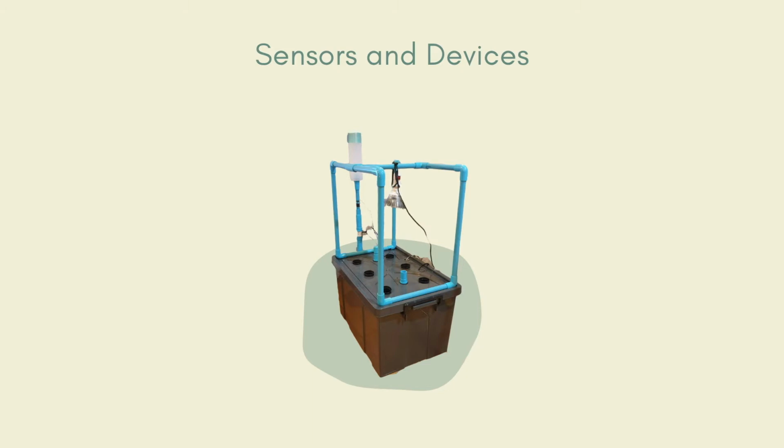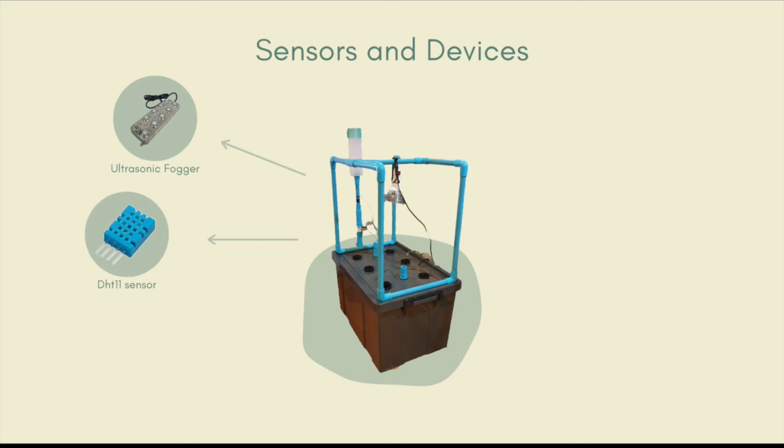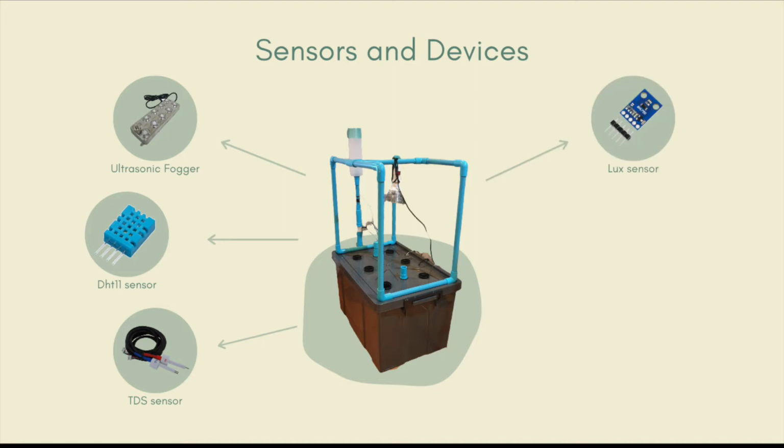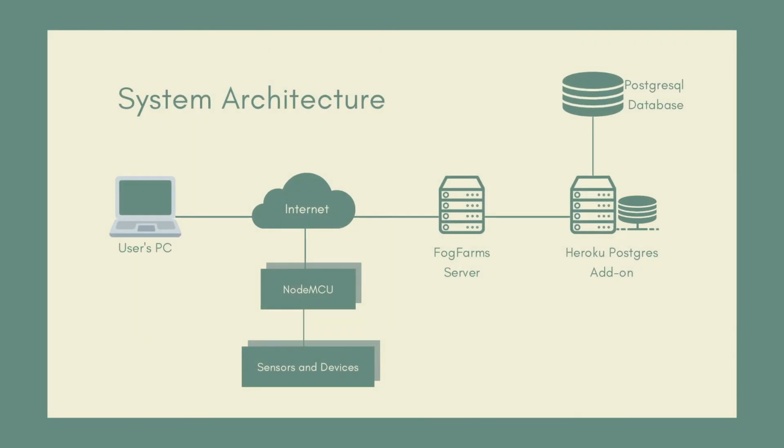It consists of an ultrasonic fogger, which is used to turn the nutrient solution into fog, a DHT11 sensor used to measure the humidity and temperature of the air, a TDS sensor used to measure the total dissolved solids in the nutrient solution, the lux sensor used to indicate the amount of light density the plant is receiving, the water level sensor used to help control the amount of water or nutrient solution within the grow box, and the solenoid valve, which is used to control the amount of nutrient solution inputted into the farm from the nutrient unit. Next is the system architecture, which flows as the following.